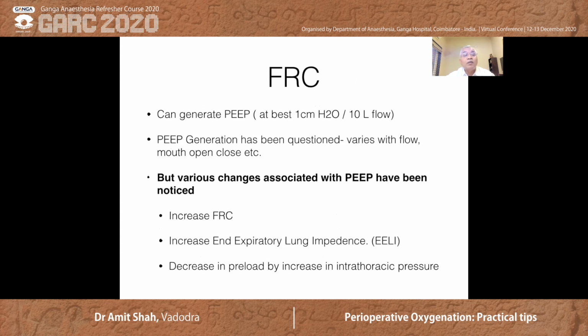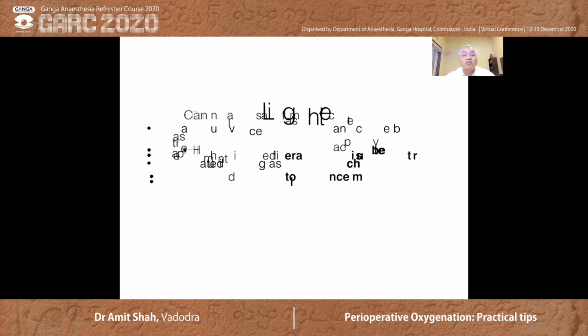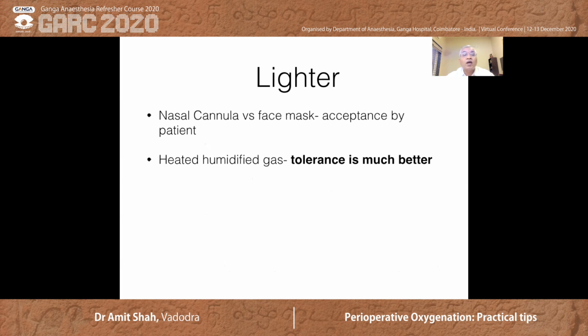It can generate PEEP, though PEEP generation has been questioned and it varies with flow and mouth open or closed. But various changes noticed with this technique, like increase in FRC, increase in expiratory lung impedance, and decrease in preload by increase in intrathoracic pressure, are associated with generation of PEEP.